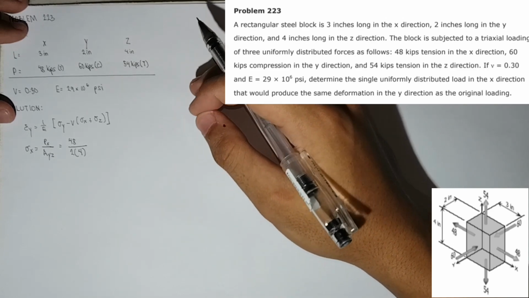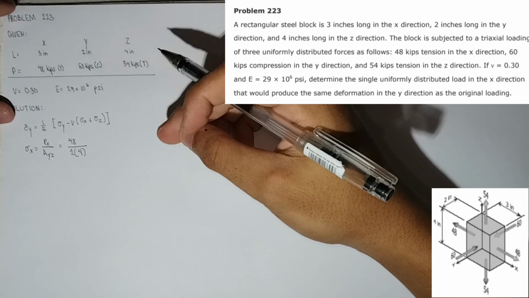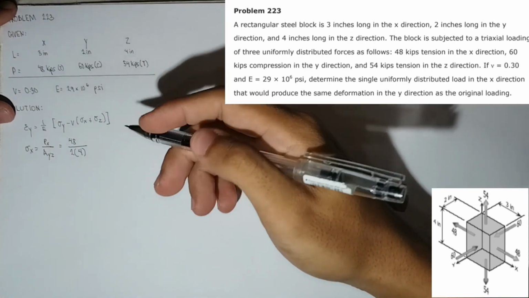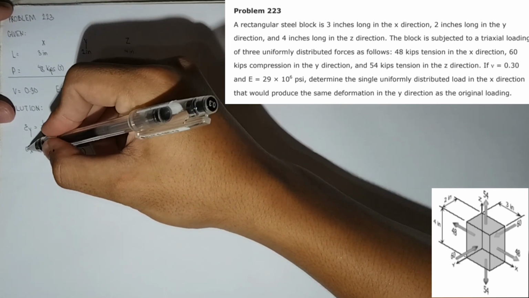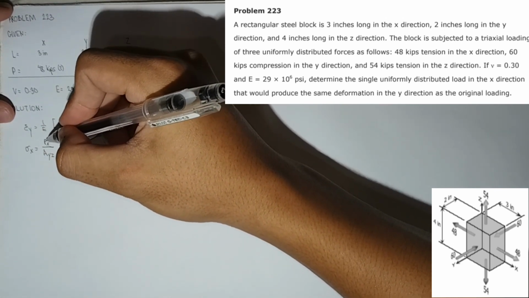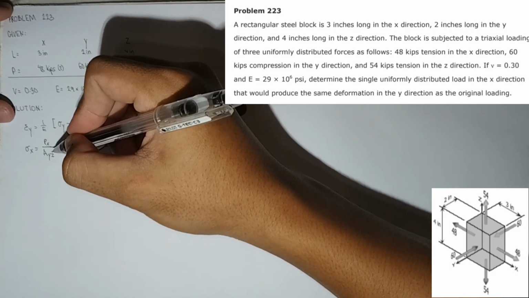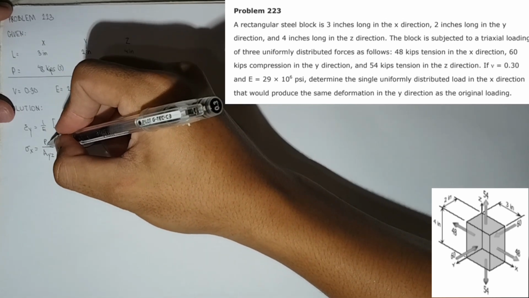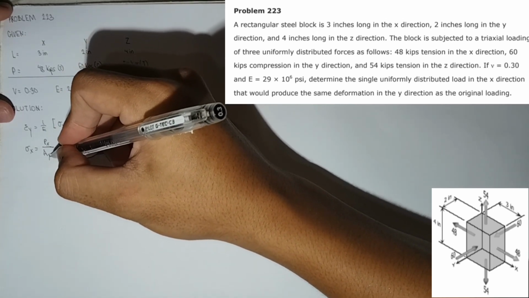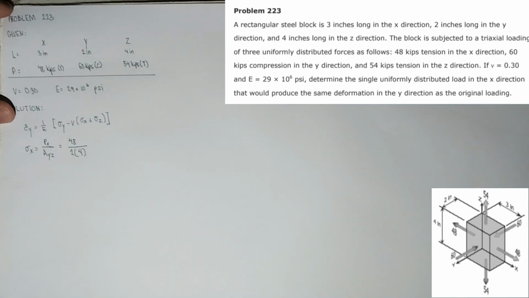So for me, what I put into my mind is, for example, if I look for the stress in x, I will put here force in x over area on the other axis. Like here I have X, and then for the area I will base my area on the Y and Z axis. So I hope you get my point, guys.